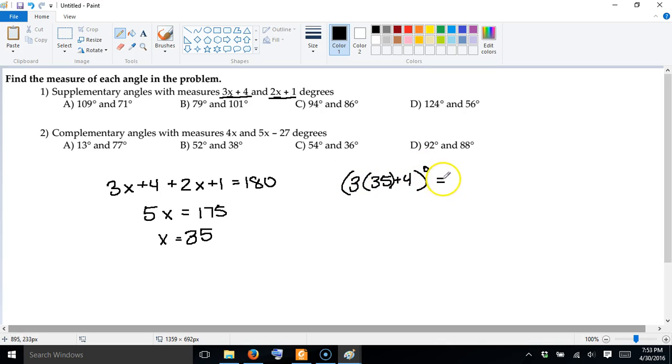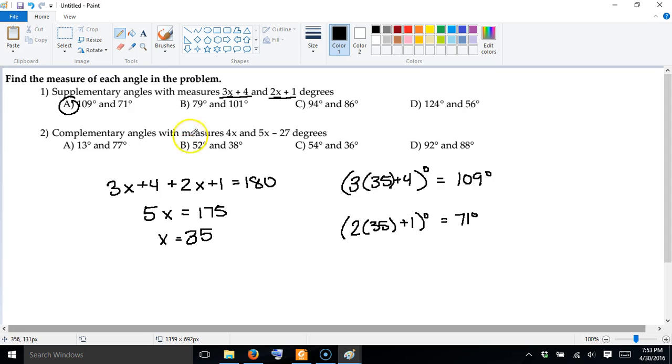That will give us 109 degrees. And then the other one, 2 times x, which is 35, plus 1, will give us the 71 degrees we're looking for, which is this answer right here.